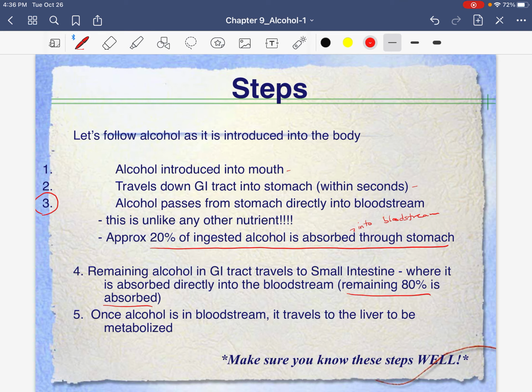And once alcohol is in the bloodstream, like nutrients, not other nutrients, because it's not a nutrient, but like nutrients, it travels to the liver. So really, the only thing that's different is here. About 20%. Have an idea of that number. About 20% of the alcohol we ingest is absorbed through the stomach into the bloodstream.